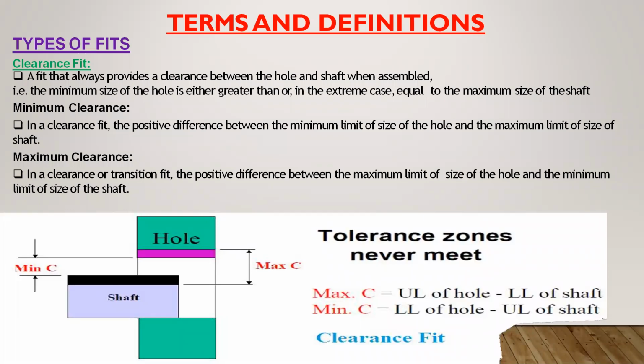So the minimum clearance is all about the minimum size of the hole and the maximum size of the shaft. In the picture you can see the minimum clearance, from the outside diameter of the shaft to the inside diameter of the hole. That positive gap is known as the minimum clearance.